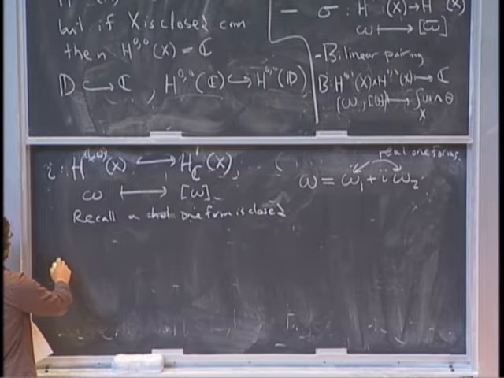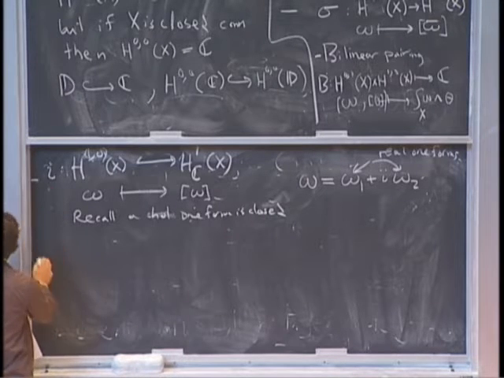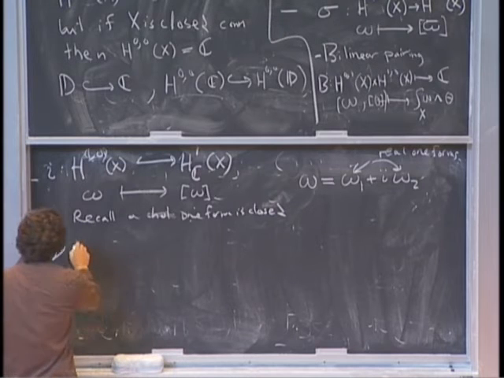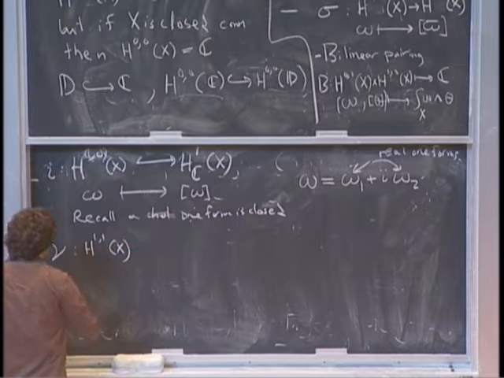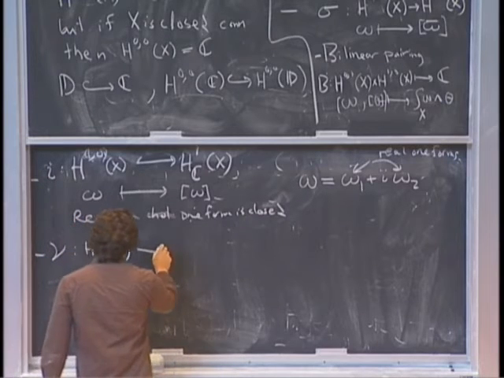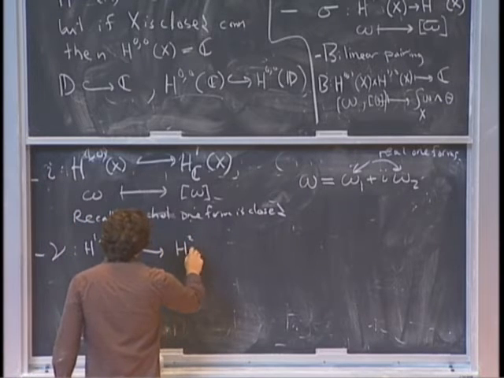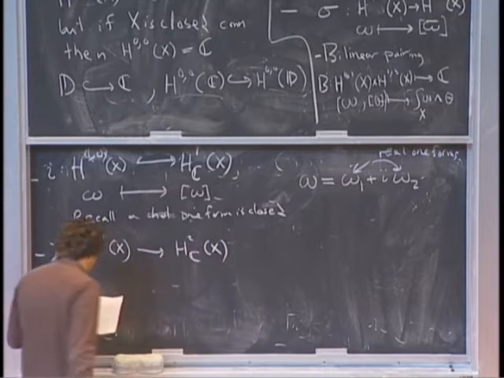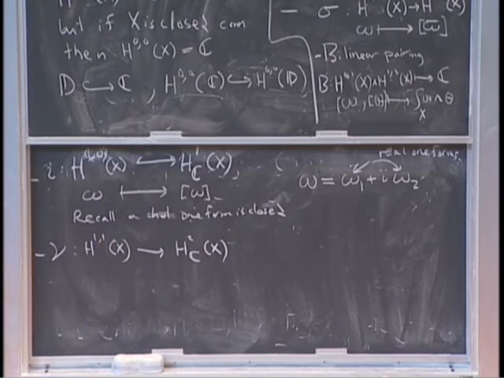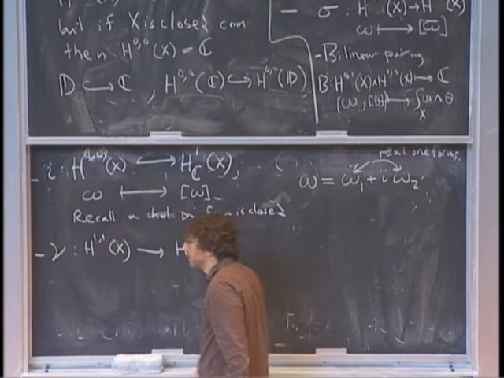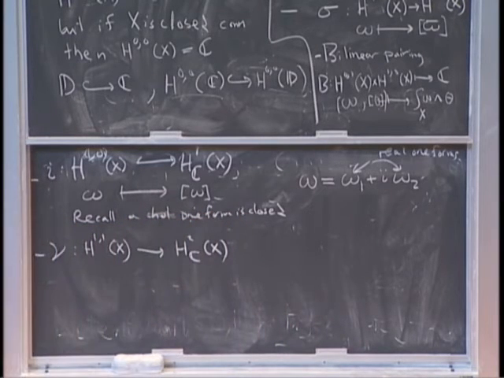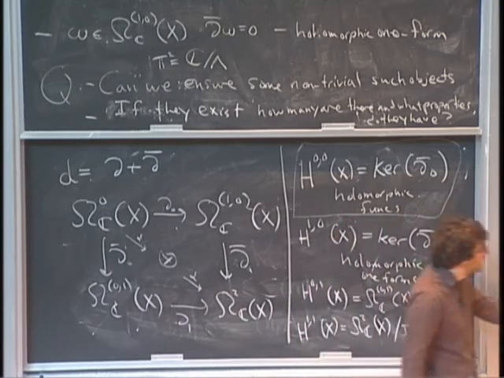And then finally we have a map that takes H1 of X to H2 of C of X. Again, these are both quotients of the space of complex valued 2 forms. Here it's by the image of del bar, and here it's by the image of d.